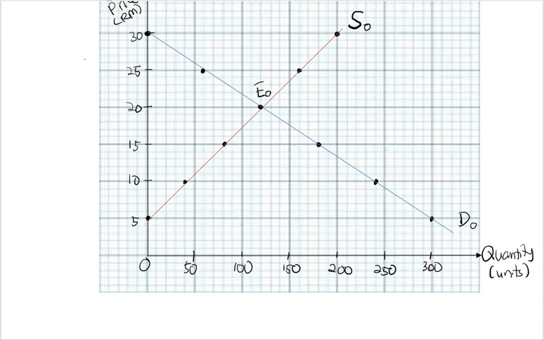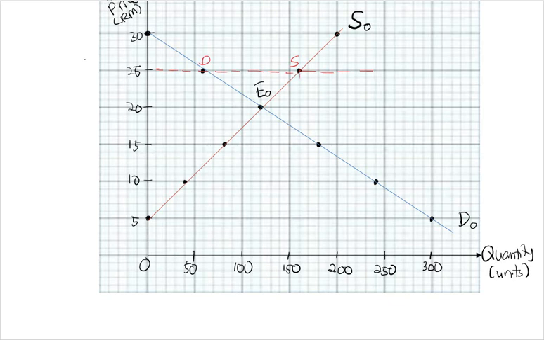So this is the market equilibrium. Now, in the question, it says that if the product is sold at 25 ringgit, so 25 ringgit is here. So you drag. Okay, so you are going to get here the supply, and here is the demand.